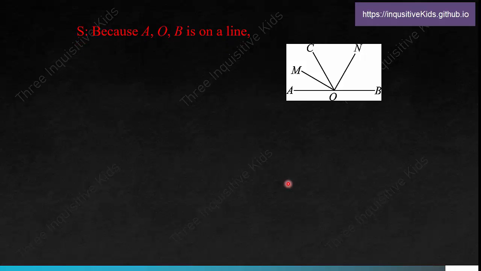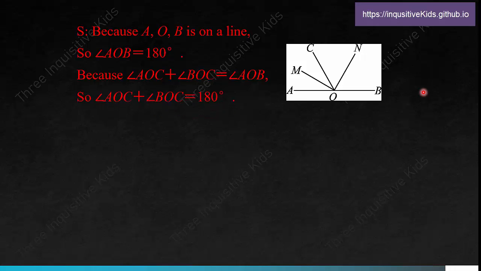So here's the solution. Because AOB is on the line, angle AOB is 180 degrees. Because angle AOC plus angle BOC is equal to angle AOB, angle AOC plus angle BOC is equal to 180 degrees.